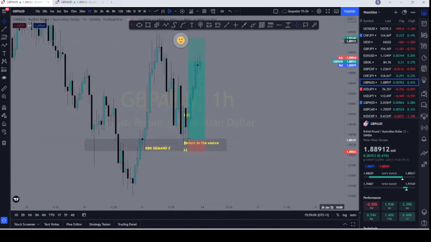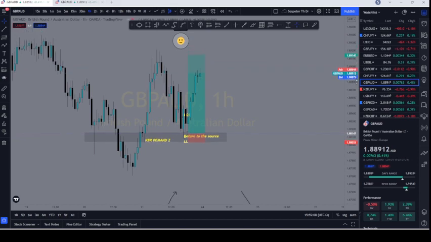So if you look at this GBP Aussie setup, if you wanted to catch this setup, how do you catch it? Let me change the cursor to an arrow. So if you look at this Pound Aussie, the point of interest was this significant zone.